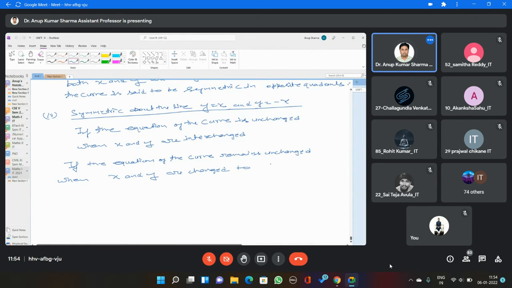Interchange is like that, but in negative. So better to write x and y are changed to minus y and minus x, so that it's clear.